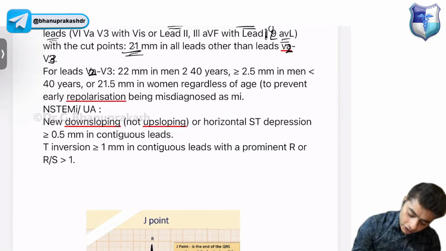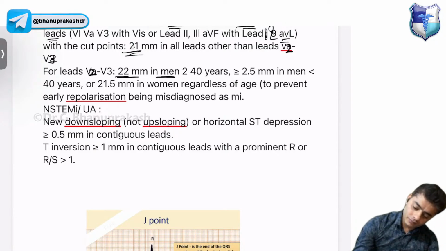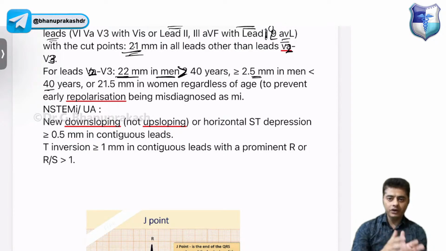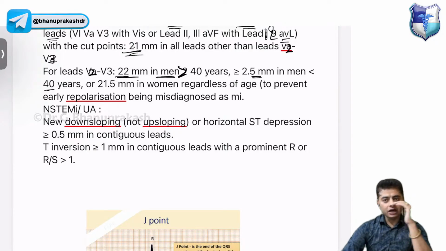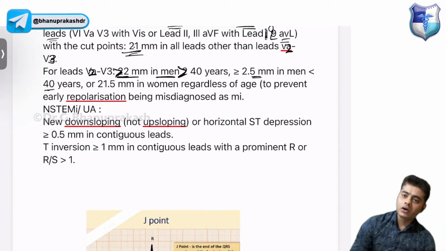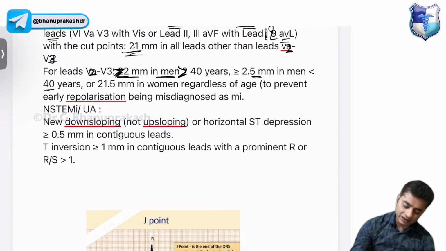In men, a 2 mm criteria is there if the patient is greater than 40 years, and for patients less than 40 years, a 2.5 mm criteria. So in V2 and V3, if the patient is above 40 years, then there should be an increase of 2 mm. Okay. And if the patient is less than 40 years, then it should be an increase of 2.5 mm in V2 and V3.